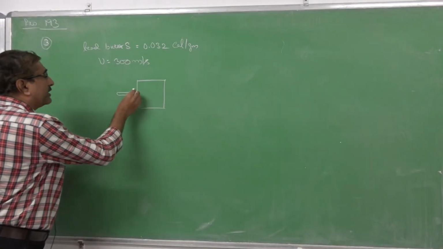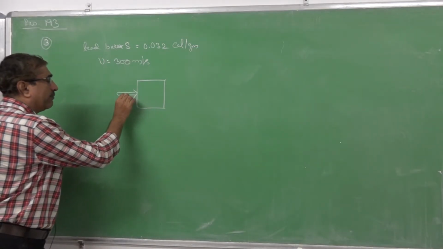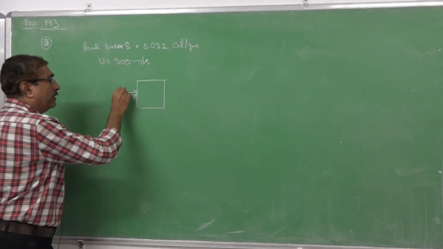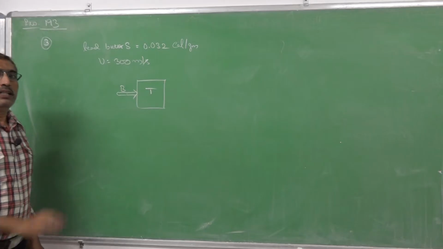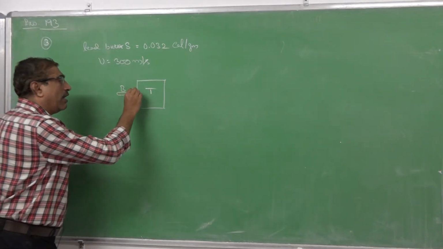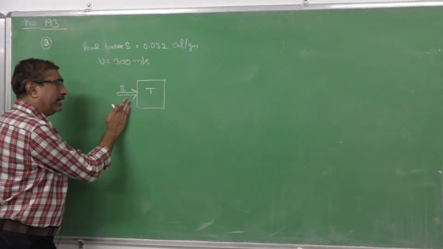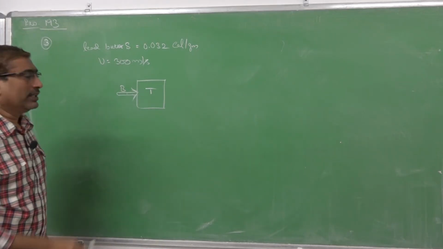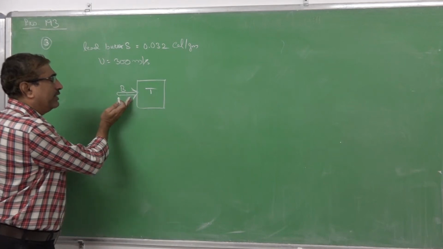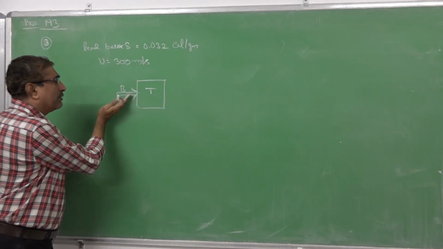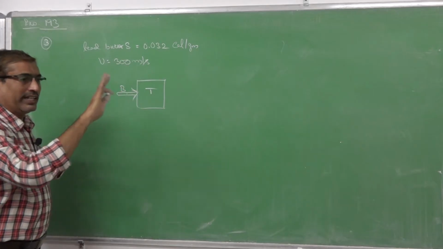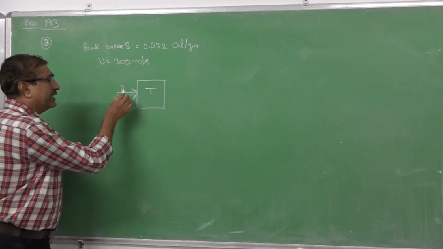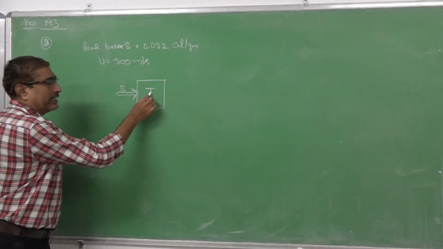Whatever kinetic energy is lost by this bullet is converted into thermal energy, which is shared by the bullet and the target. Half of it is taken by the bullet and the remaining half is taken by the target.